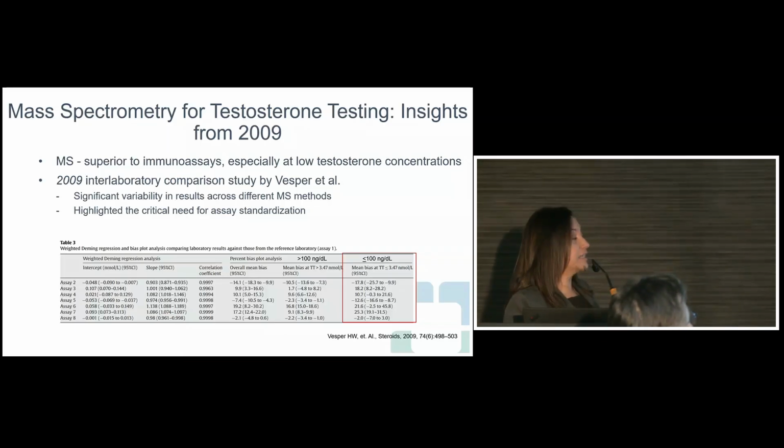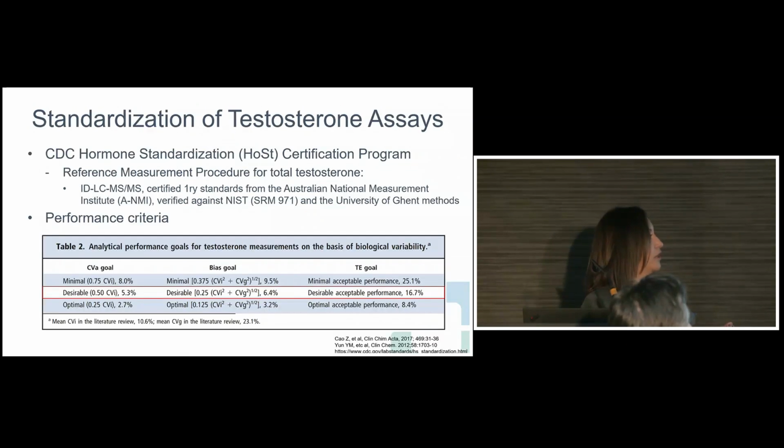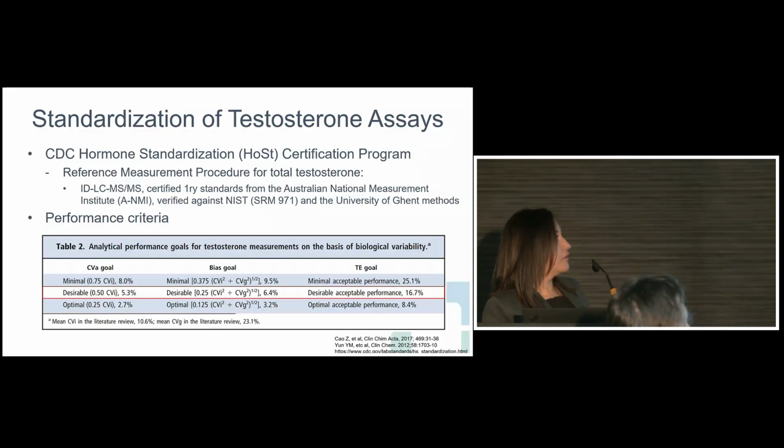So this highlighted the critical need for standardization, and over the next years, there were efforts and a program that the CDC created with other collaborators to create a reference measurement procedure for testosterone, and simultaneously there was a development of performance criteria using biological variability as the base, so we could anchor on something.